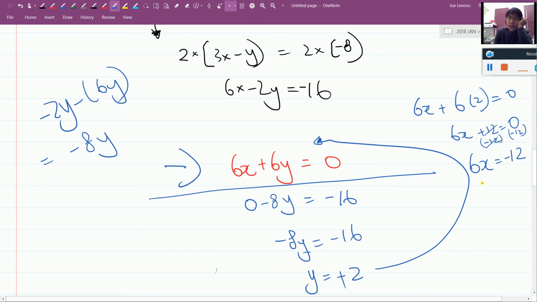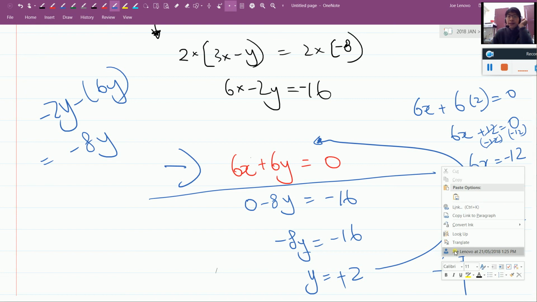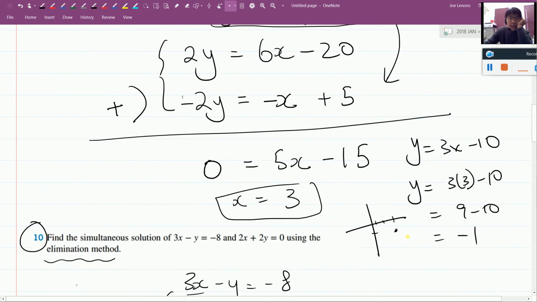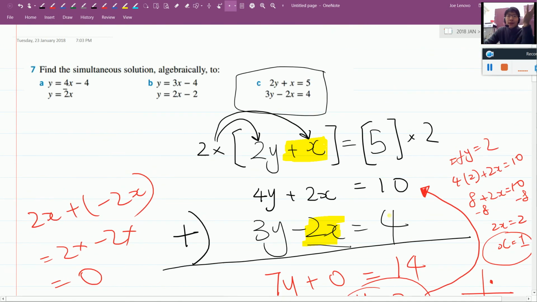A number times 6 equals negative 12, so that number needs to be negative, and 6 times 2 equals 12. So x is negative 2. The answer is (-2, 2), the point where they join one another. So that's what we like to do today with simultaneous equations. The way to do it is just multiply and cancel out each other. Okay, finished. Bye-bye.